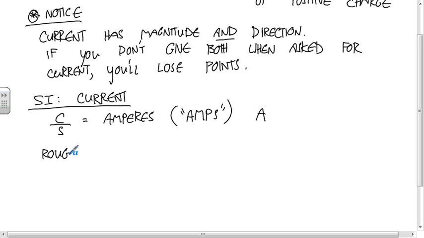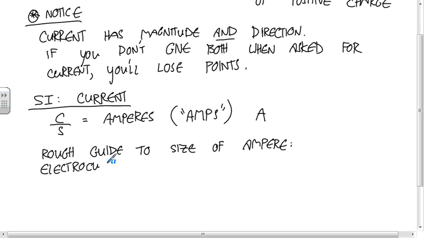Here's sort of a rough guide to the size of an ampere. The danger of electrocution from an electric shock starts around 1/10 of an ampere, 0.1 amperes.